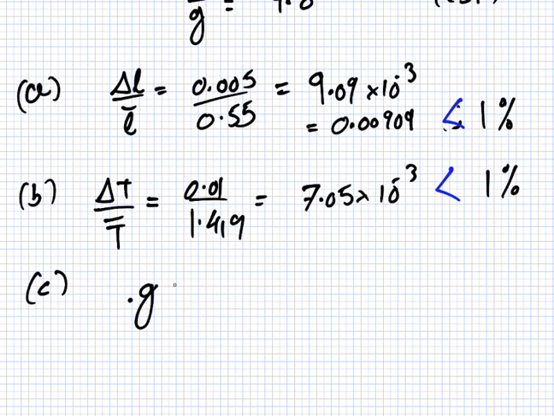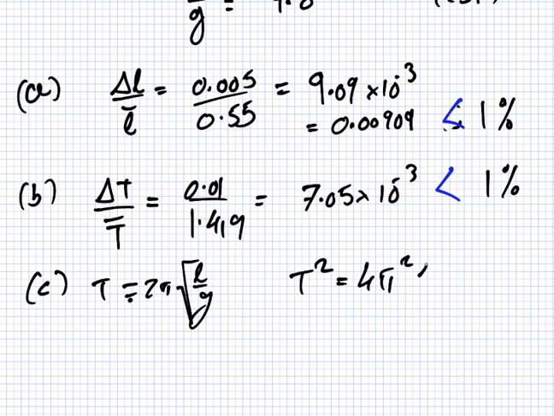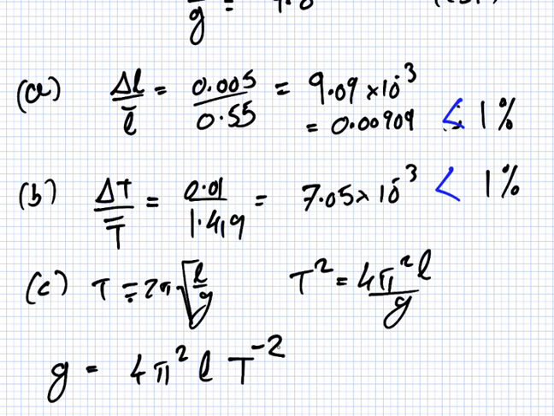I'll have to rewrite it. We have T equals 2 pi root L over G. So that means T squared equals 4 pi squared L over G. So that means G equals 4 pi squared L T to the minus 2, if I rearrange it. Yeah?